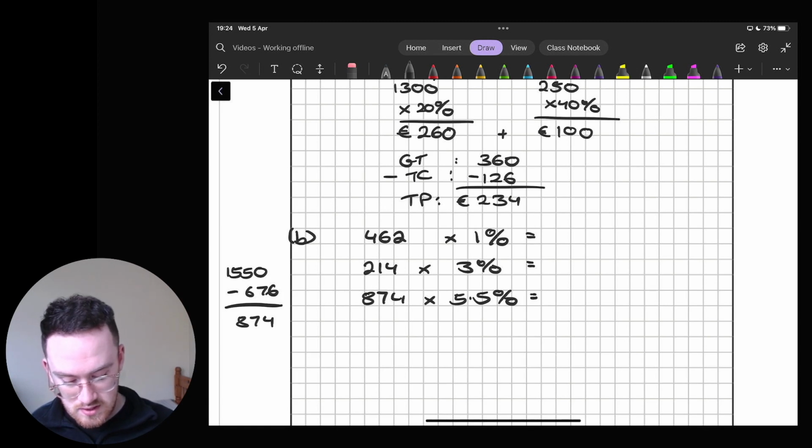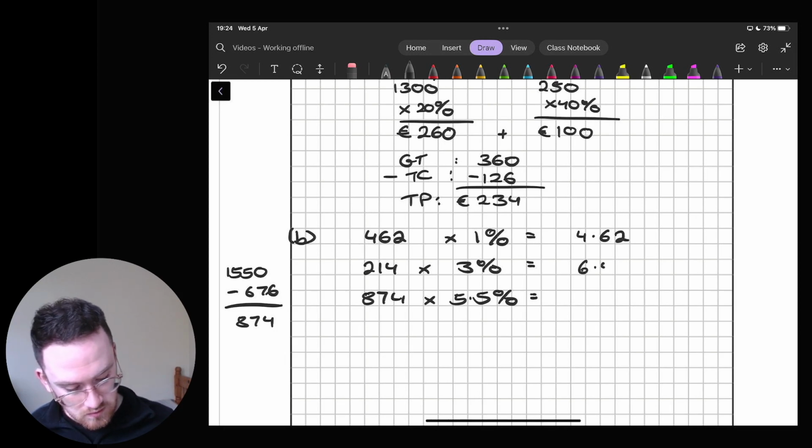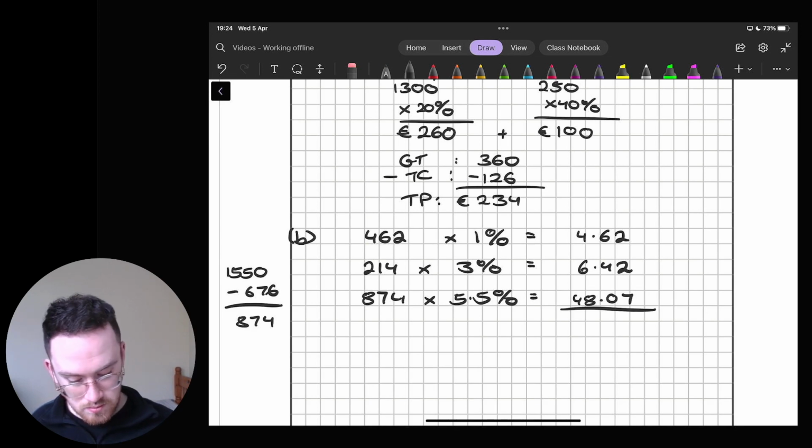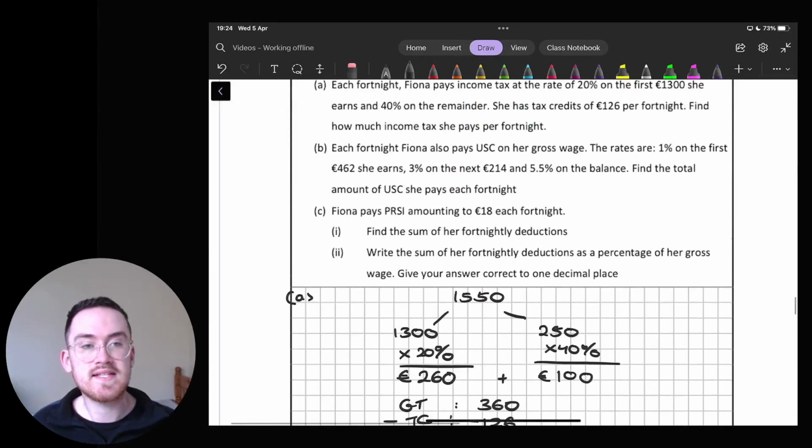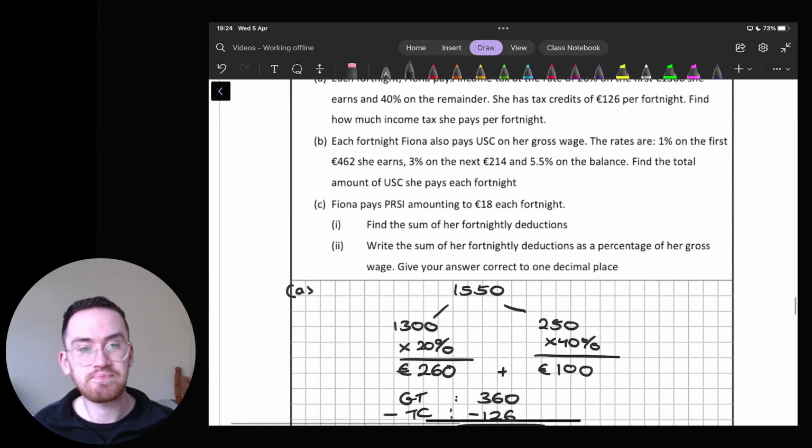So 462 by 1% gives me 4.62. 214 by 3% gives me 6.42. And 874 by 5.5% gives me 48.07. And adding those all up, we get an answer of 59 euro and 11 cent. And that's her total USC per fortnight.